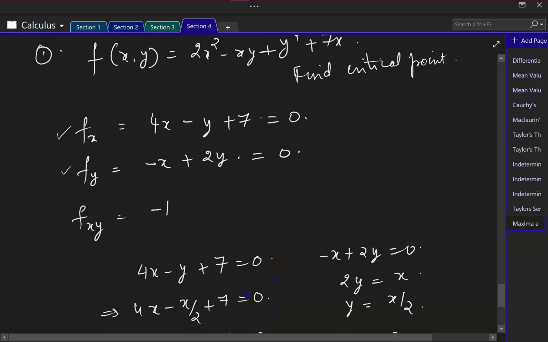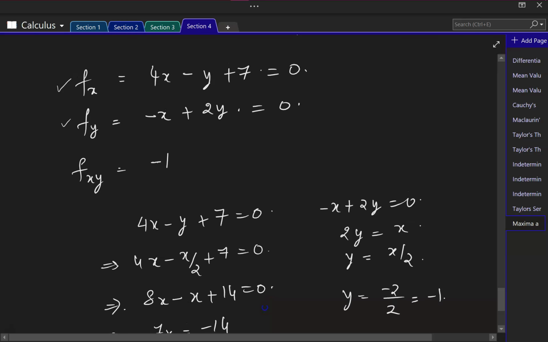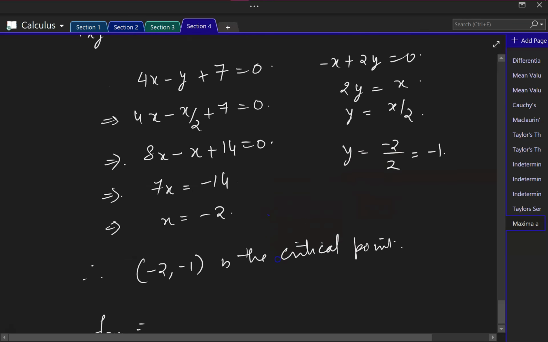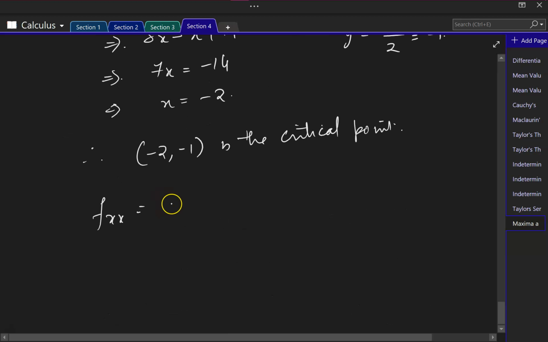We have already figured out fx. So let's take that and partially differentiate with respect to x. So here we get 4. Here we get 2. Okay. So fxx is 4, fyy is equal to 2 and fxy is equal to minus 1.